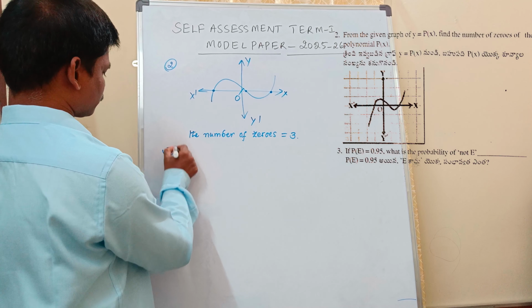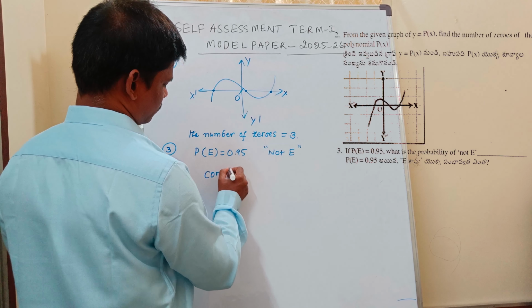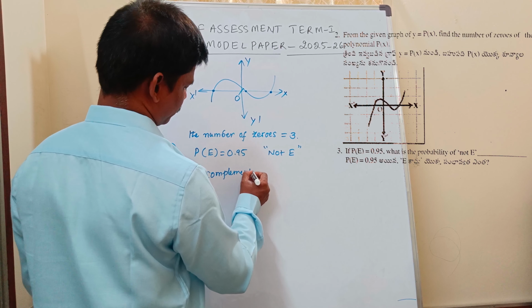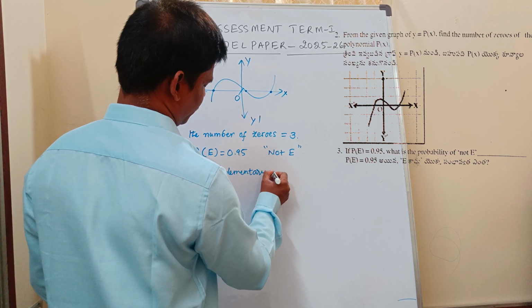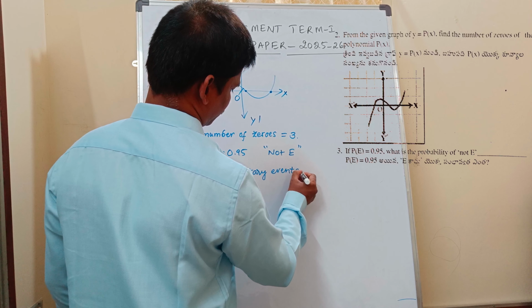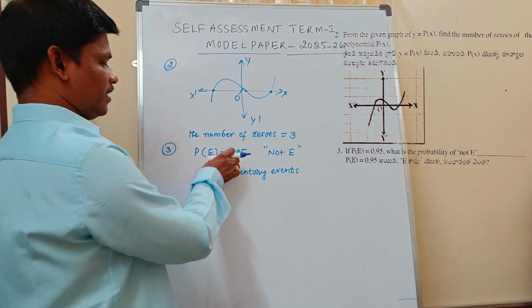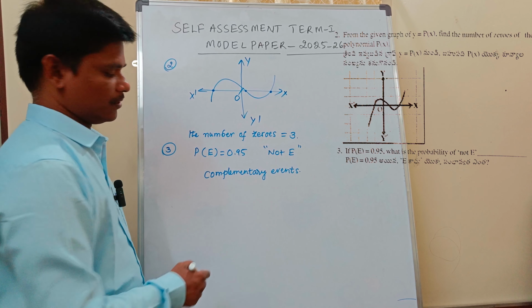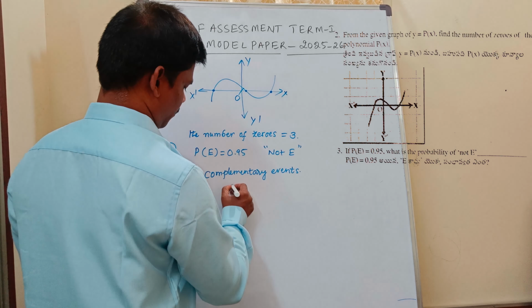Complementary events means probability of done and probability of not done. So that is p of E plus p of E bar is equal to 1. They have given p of E as 0.95 and p of not E is not given, so you have to find that.